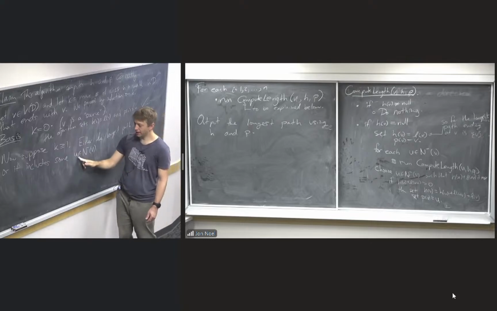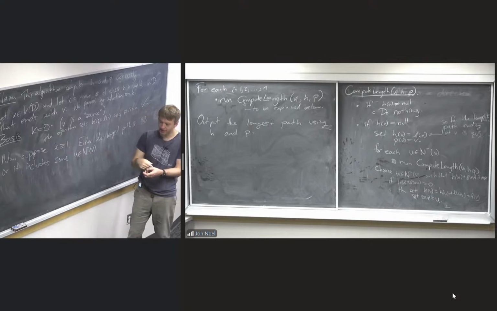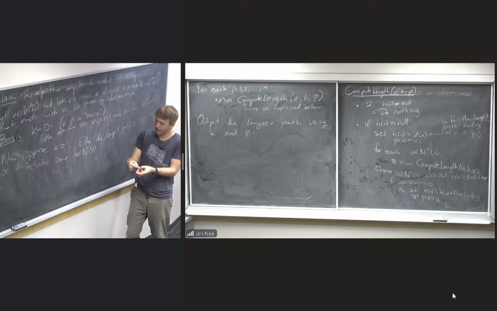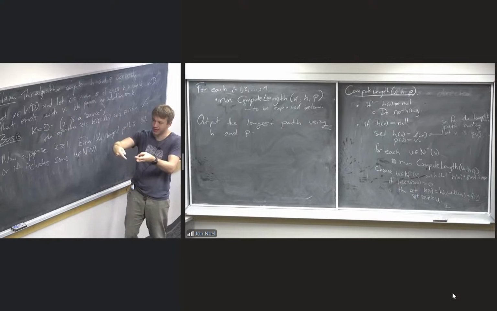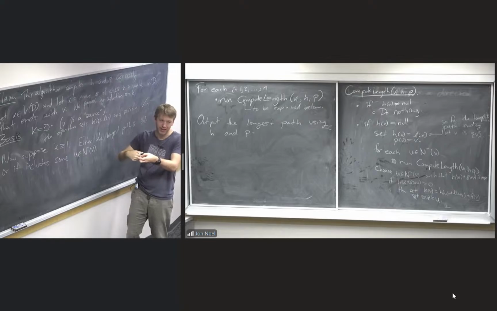For this in-neighbor u of v, the longest walk that ends at u is at most length k minus 1. Because if it was k, then I could take a walk that ends at u and take one more step and get v, and that would give me a walk of length k plus 1 that ends at v.